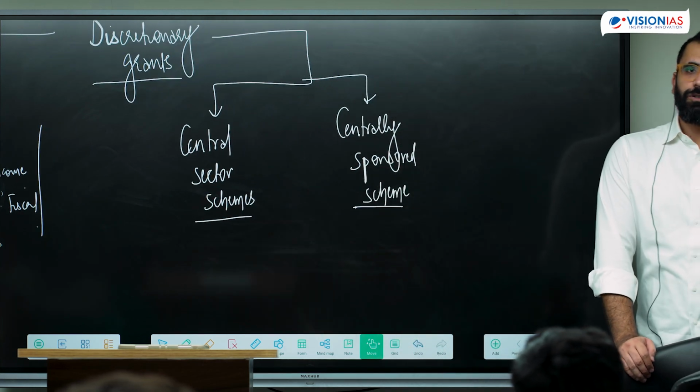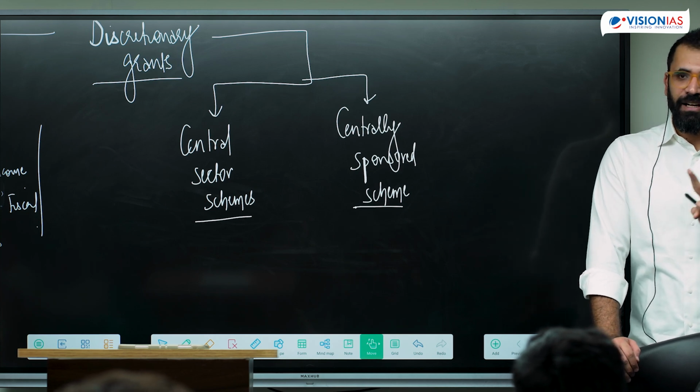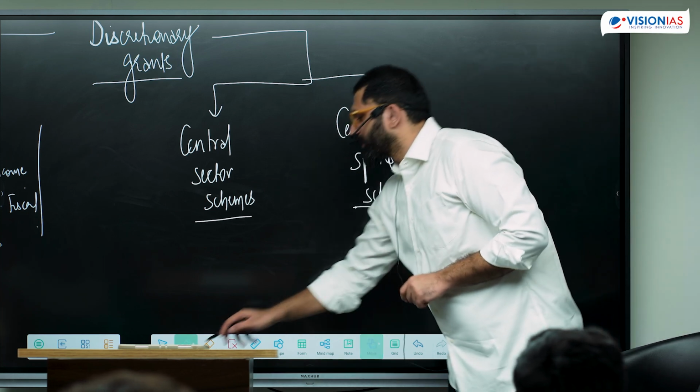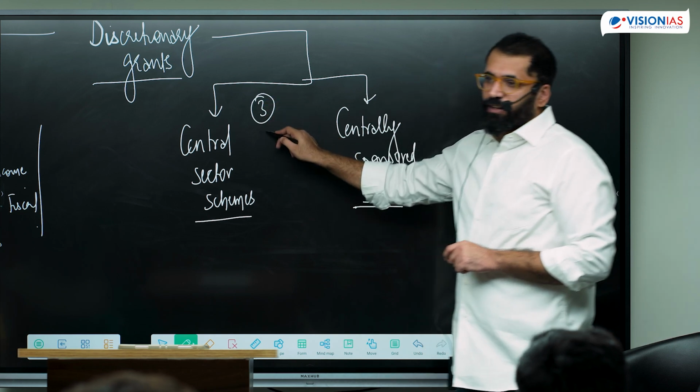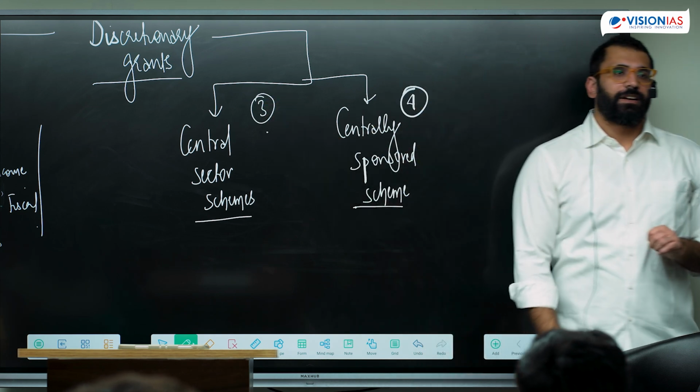So the first source of finance was horizontal devolution. The second source of finance was grants-in-aid. The third source of finance coming from the center to the state is central sector scheme, and the fourth source of finance is centrally sponsored scheme.